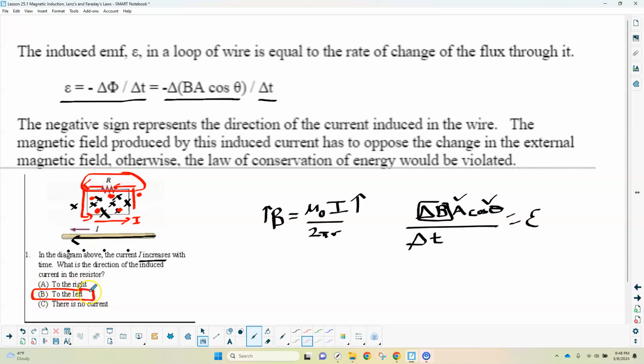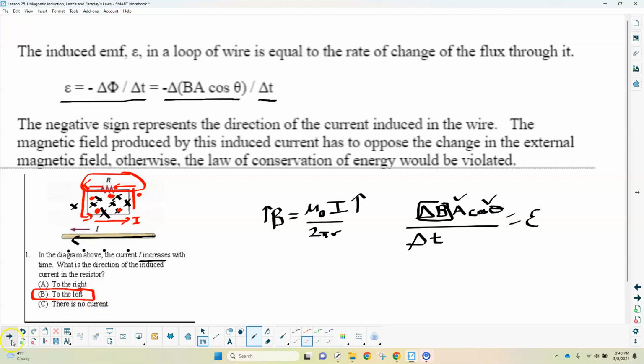That's a complicated way to get to the idea, but essentially you're trying to cancel out the change in flux, and the current that's induced is creating a magnetic field that is opposing the external magnetic field. However the external magnetic field changes, the induced magnetic field is going to oppose that change, and the current has to produce that opposition. Otherwise, the law of conservation of energy would be violated.